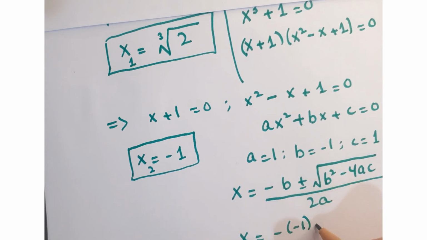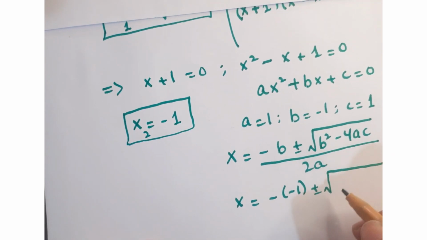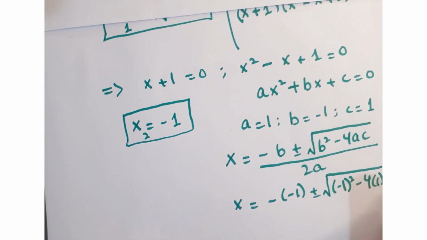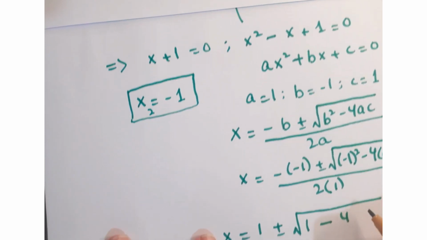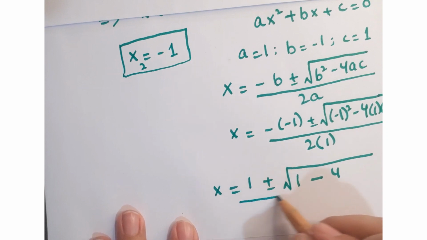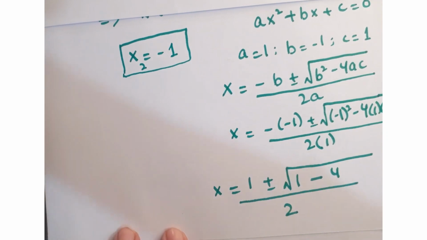So we have b square, minus 1 squared, minus 4 into 1 into 1, upon 2 into 1. So x is equal to 1 plus minus, this is 1 minus 4, upon 2.